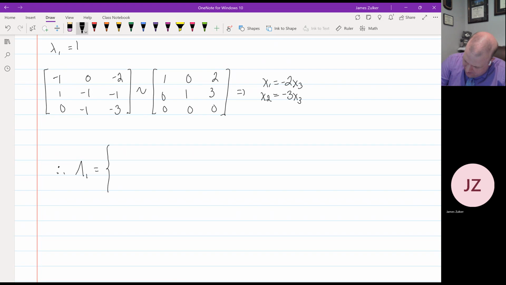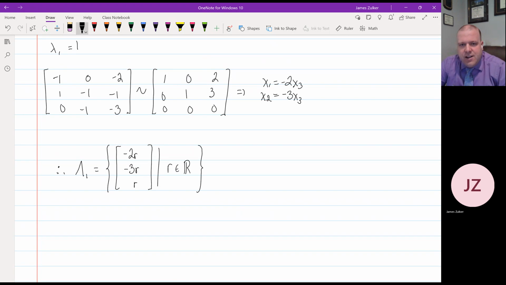The eigenspace is the set of vectors of the form negative 2r, negative 3r, and r, such that r is any real number. So for a basis, we can take the set 2, 3, negative 1. Notice here I let r be negative 1 instead of positive 1. It doesn't matter. You can let r be positive 1, and then you'd have negative 2, negative 3, 1.